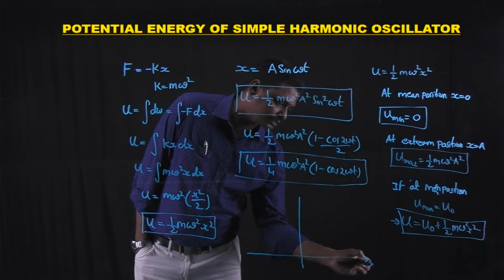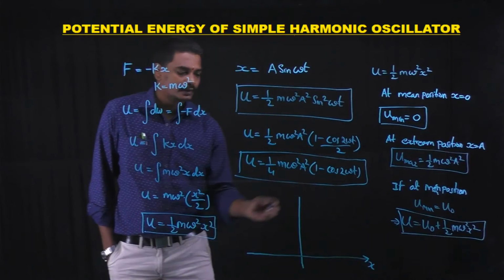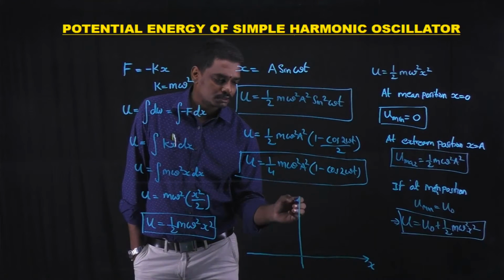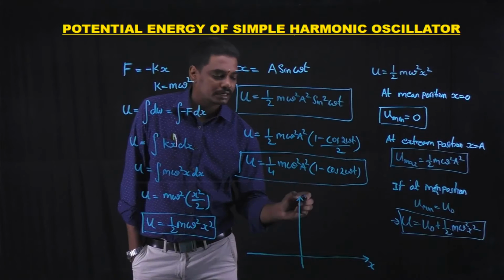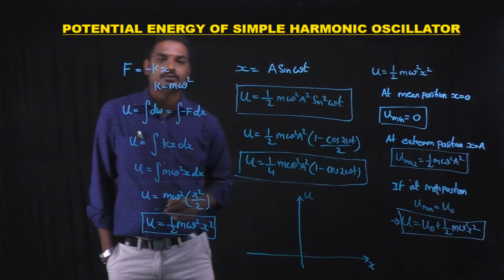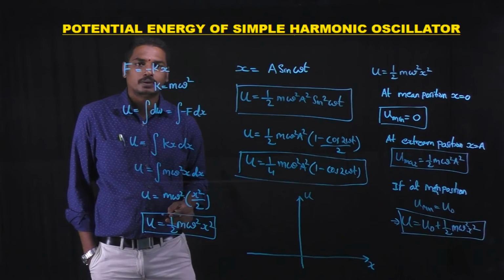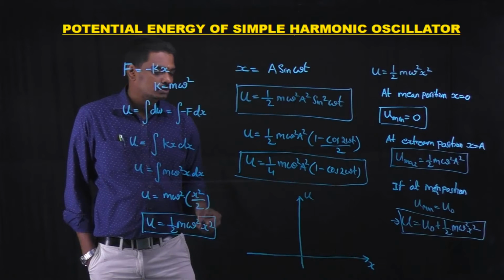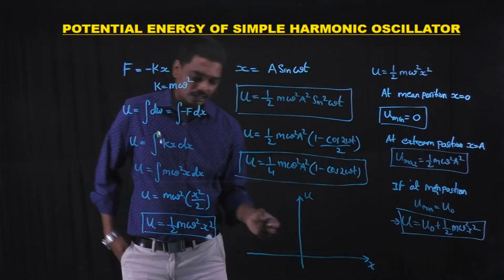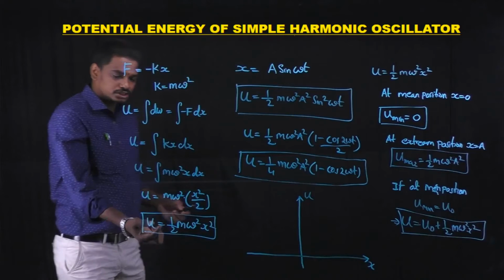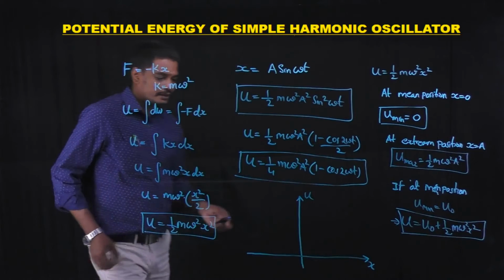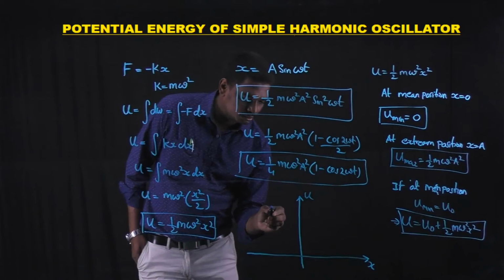So in terms of x, it is a displacement, and in the y coordinate we will take it as U, which is potential energy. As potential energy is directly proportional to x square, the graph is a parabola in this manner.